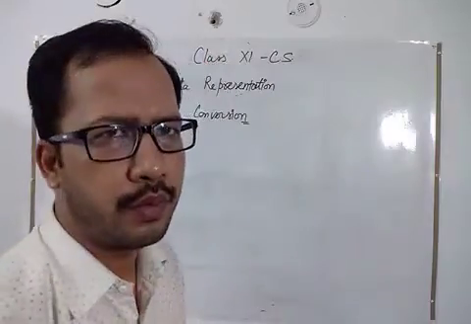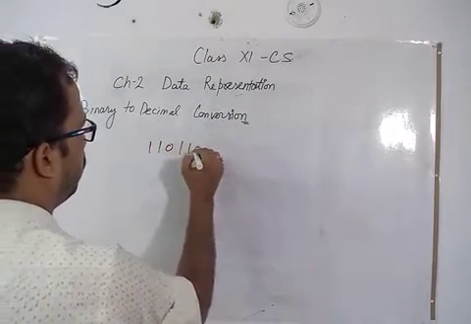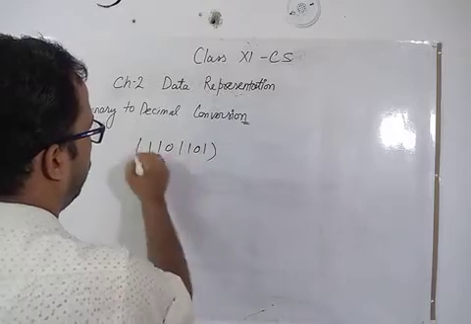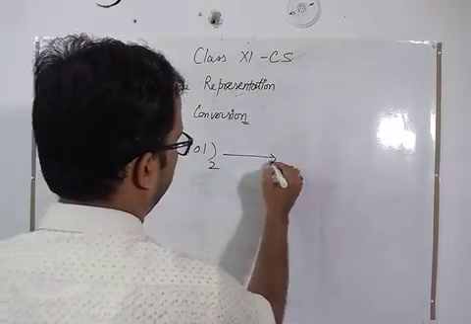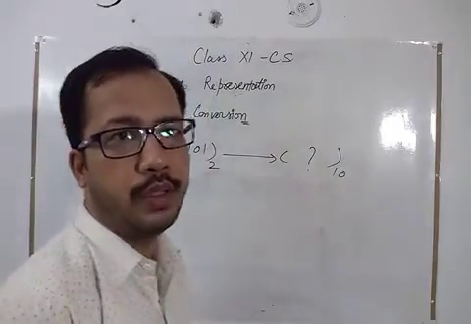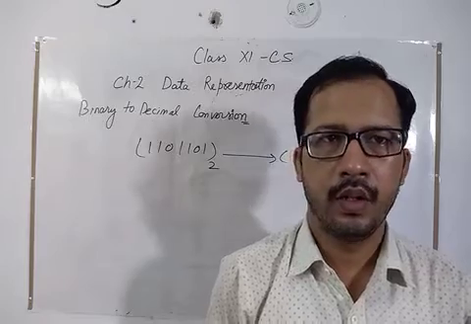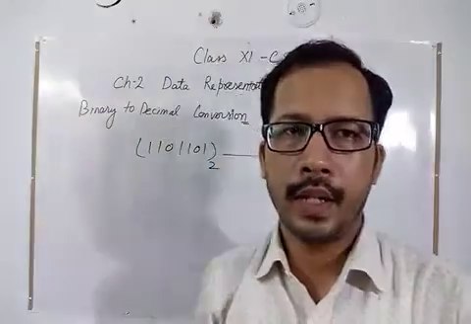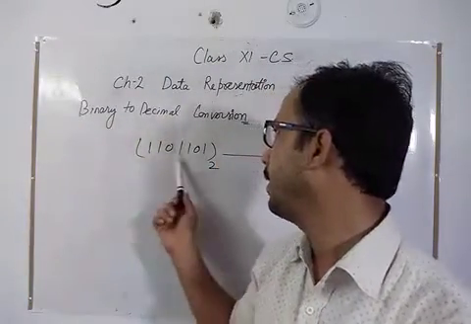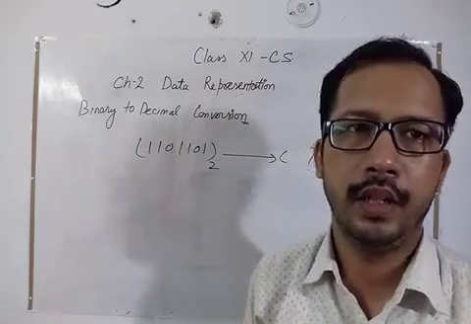First you will have some binary. For example, we have here 1101101 as binary, and I want the decimal equivalent. So the method is to multiply the given number by its base to get the desired number in decimal.